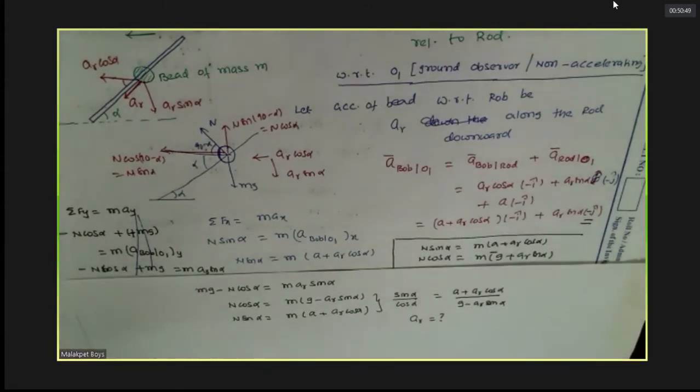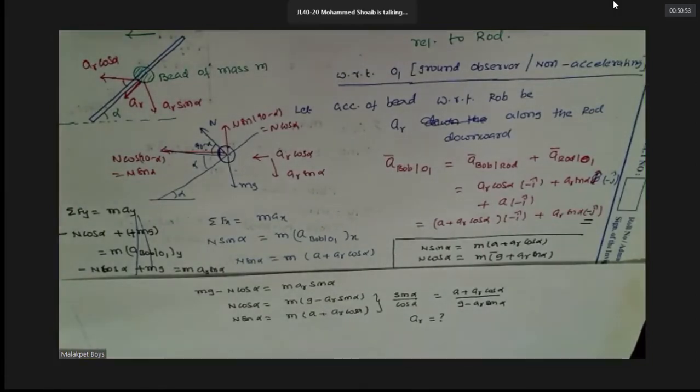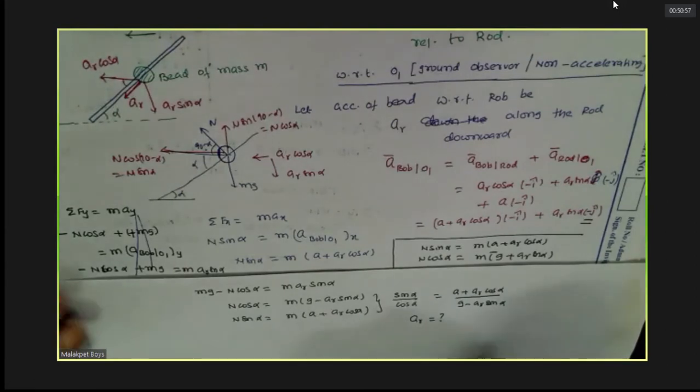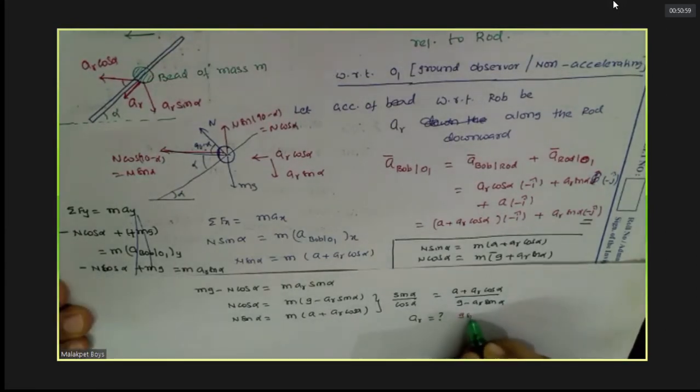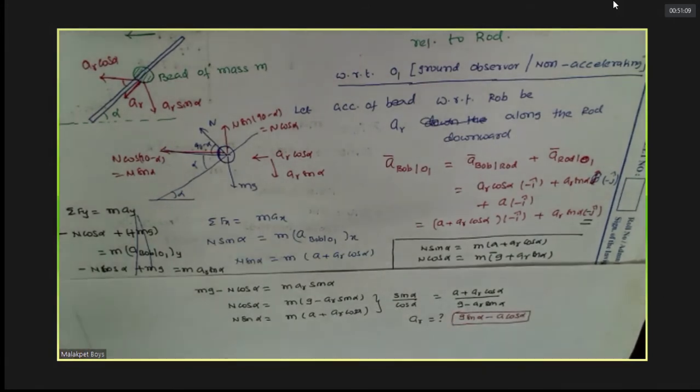Is it correct now? See, you must get that. Yes, sir. Now we will get. See, if you make one small sign mistake, the whole problem will go wrong. That's why you should be cautious while doing physics. You should get this, see.